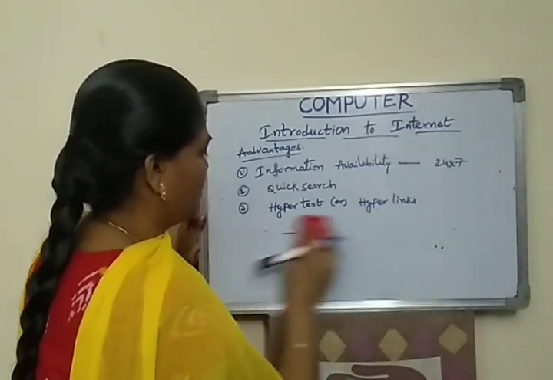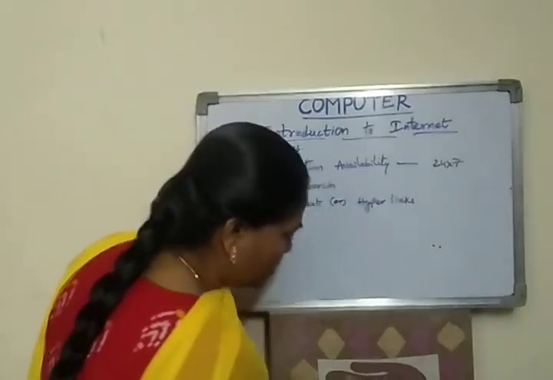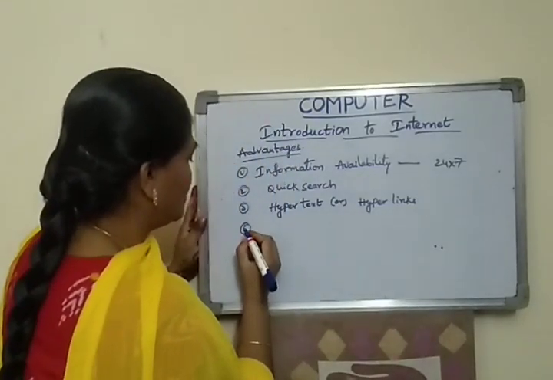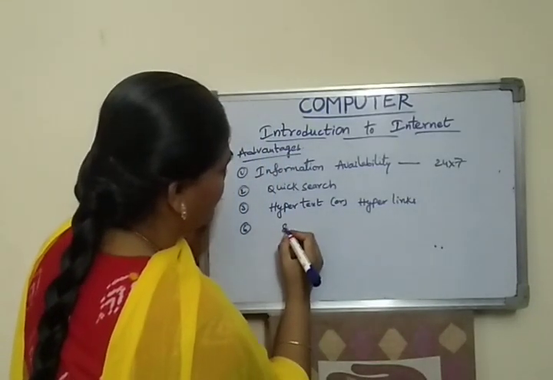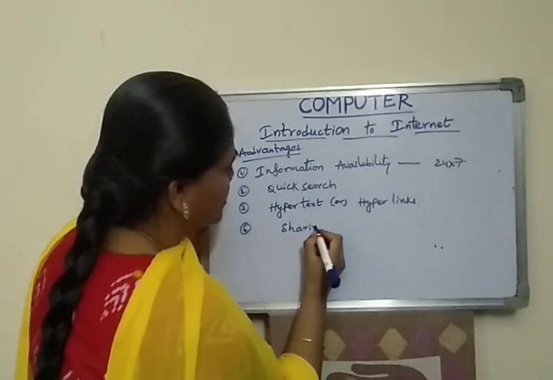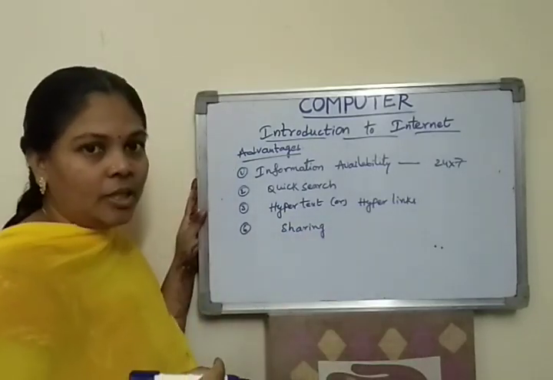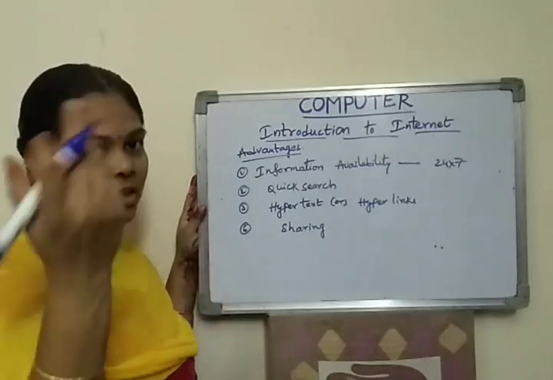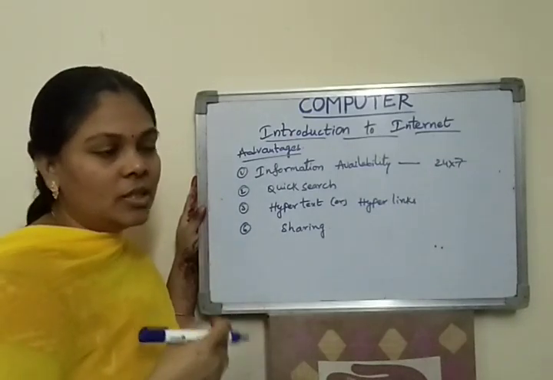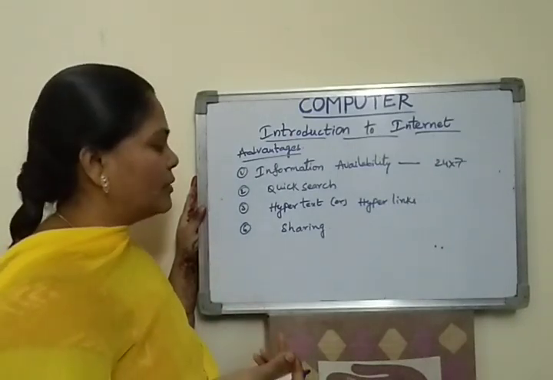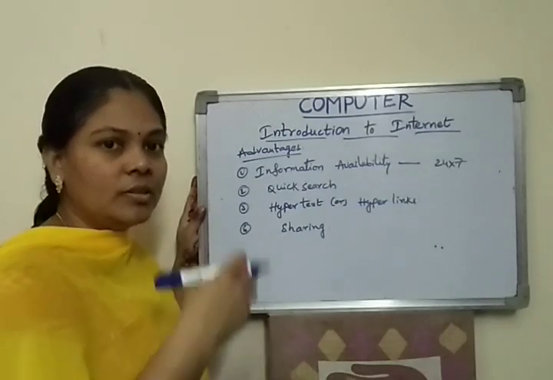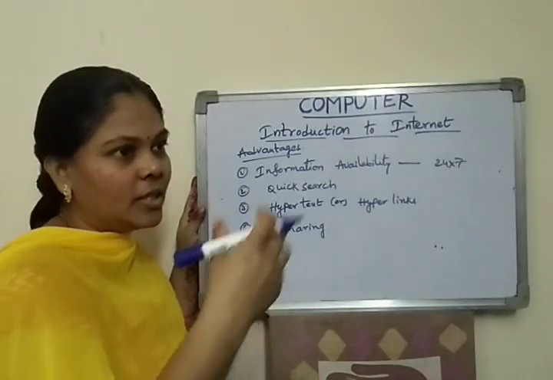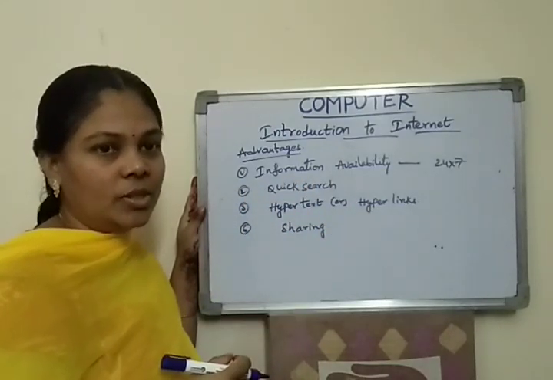Next, you can share your information through online sharing. Suppose you have one company in India and another branch in another country. If they are working together, they have to send their files and share their information.